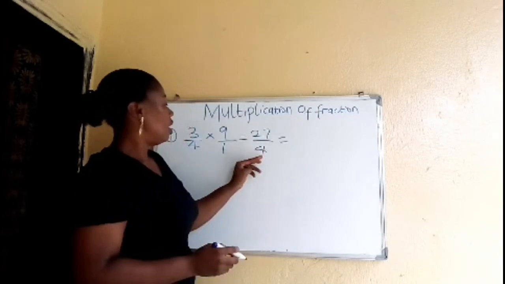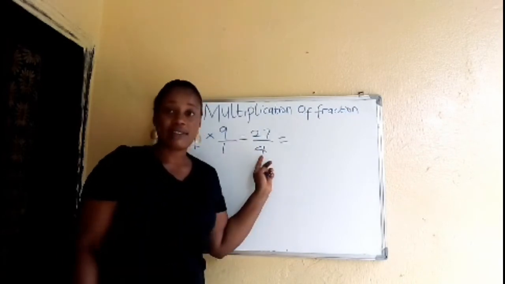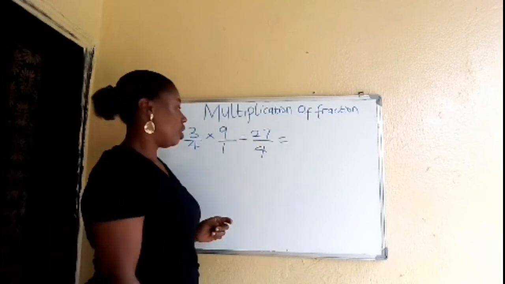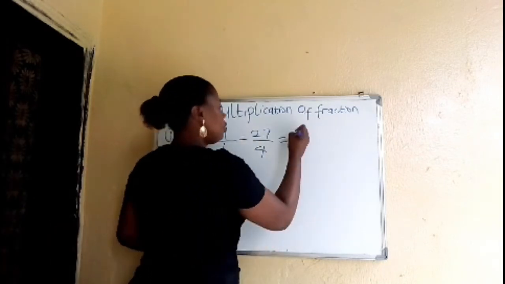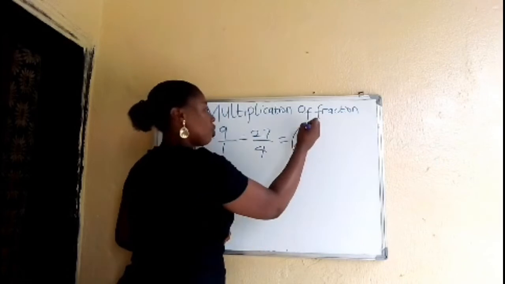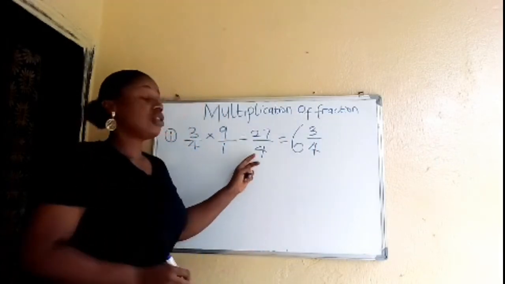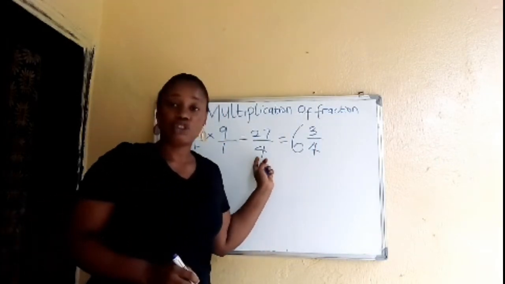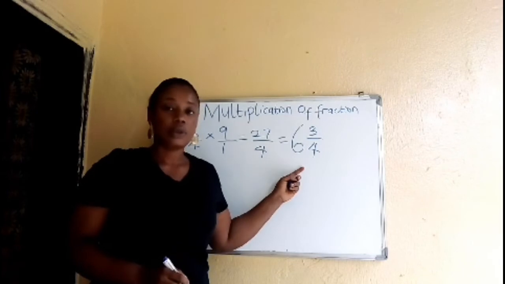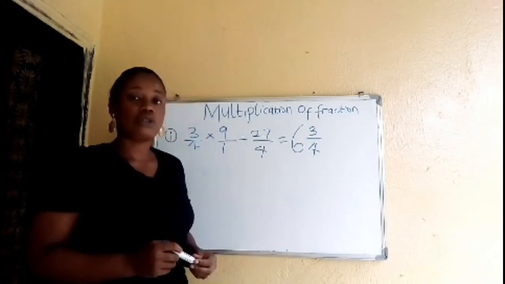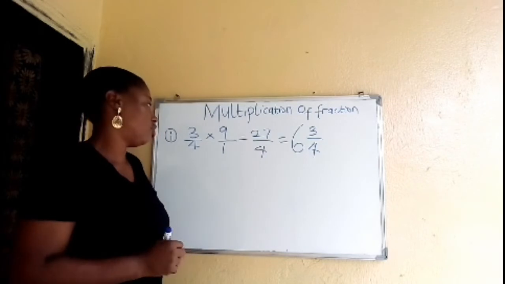So, how many 4? Remember, you're not to leave your answer in improper fraction. How many 4 is in 27? That is 6 whole number 3/4. Now, if you cannot change from improper fraction to mixed fraction, check my video for how to change from mixed fraction to improper fraction.